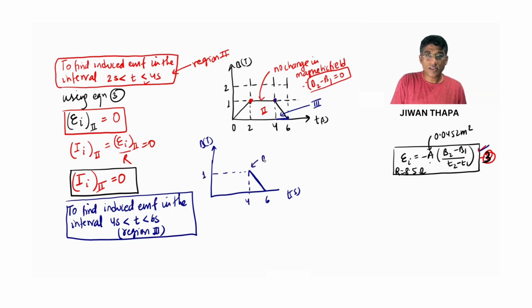So this is B1, this is 1 Tesla, and this is B2 equals 0 Tesla, and T1 equals 4 seconds, and T2 equals 6 seconds.